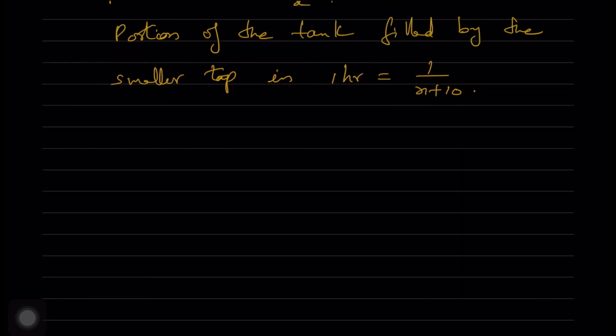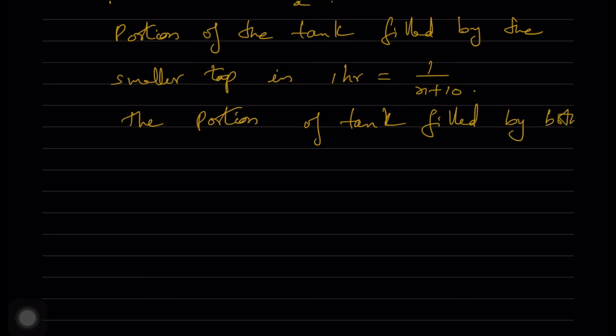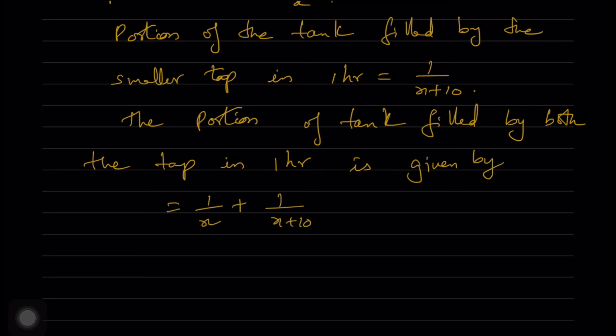So therefore now you have the portion of tank filled by both the taps in 1 hour is given by 1 by x plus 1 by x plus 10, which is equal to x plus 10 plus x divided by x into x plus 10, which is equal to 2x plus 10 divided by x square plus 10x.